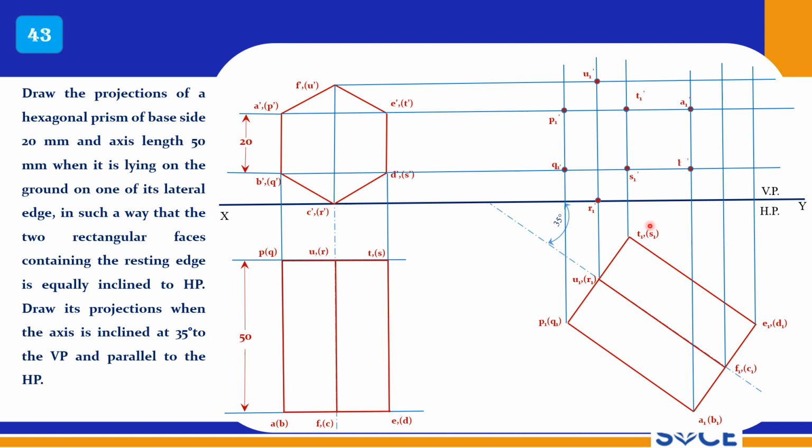Right now, T, S are nearer to this XY reference line, so they are invisible points, and A, B are far away, so they are visible points, and AP should be connected with a thick line, BQ should be connected with a thick line, right, and UT should be connected with a dotted line, T should be connected to S with a dotted line, S should be connected to R with a dotted line, S should be connected to D with a dotted line, T should be connected to E, and that should be a dotted line.